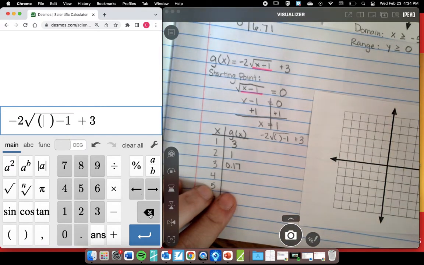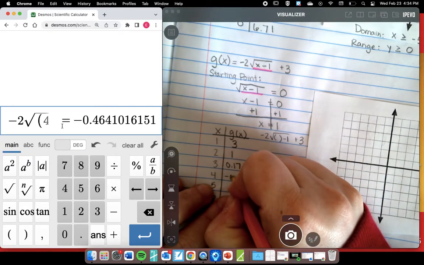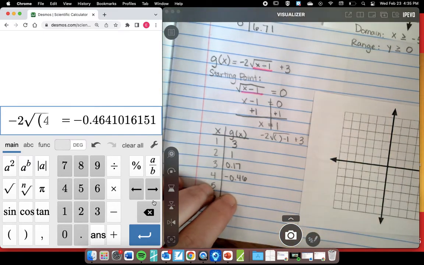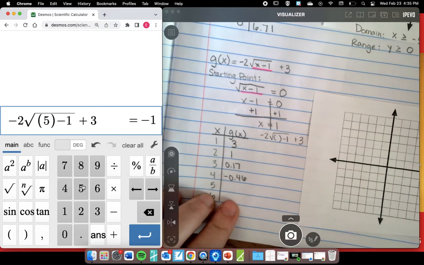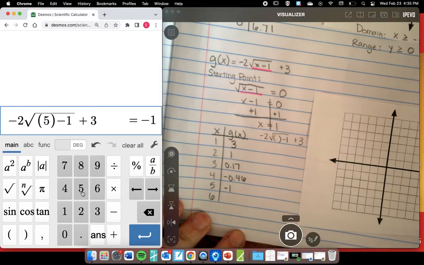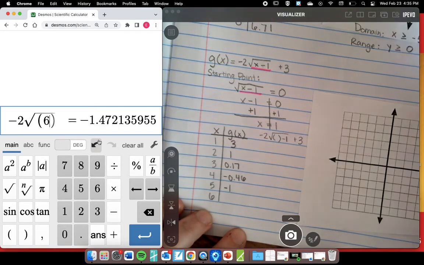Delete the 3. Put in 4. It looks like it's getting rid of everything, but it's really not. This is negative 0.46. It's just that I don't have my screen wide enough. Okay, delete the 4. I'm going to put in the 5. You get negative 1. Delete the 5. Put in 6. And we get negative 1.47.